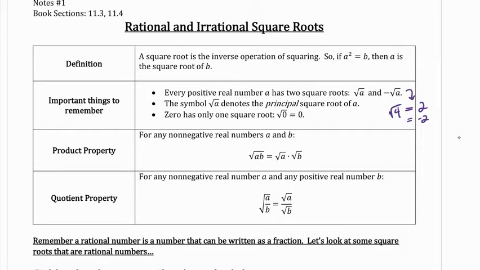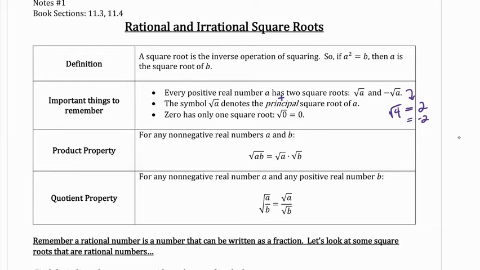The symbol, the square root of a, denotes the principal square root of a. The principal square root just means basically the positive version of that. And we'll talk about this a little bit more when we start doing examples. 0 is the only number that only has one square root because its square root is just 0. There's no positive or negative to 0.